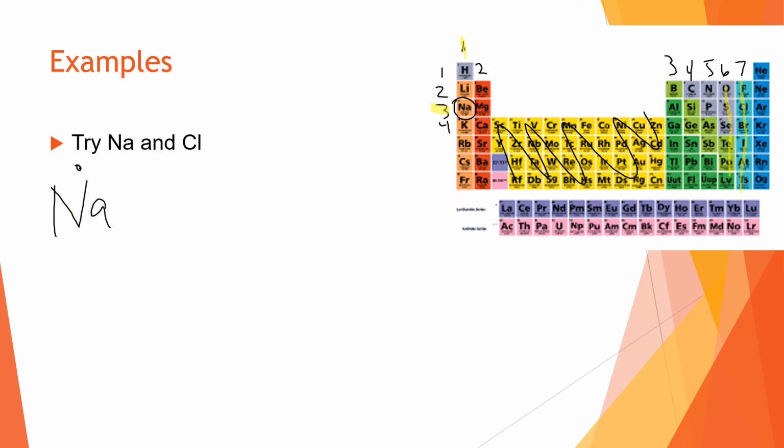If we were to now do chlorine, well, chlorine is right over here on the periodic table, guys. It's in the group that has 7 valence electrons.